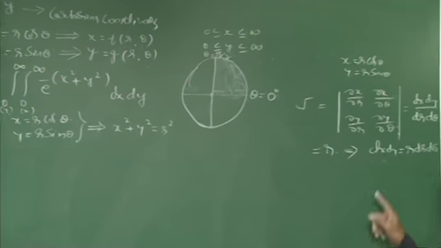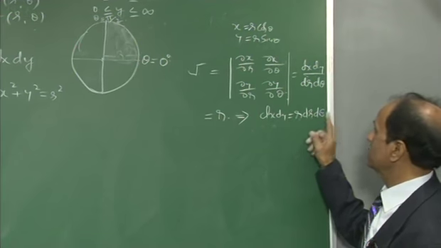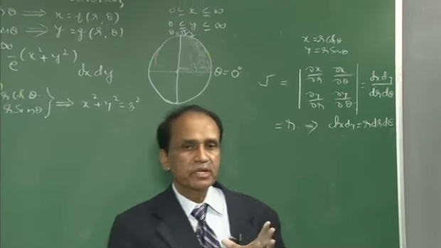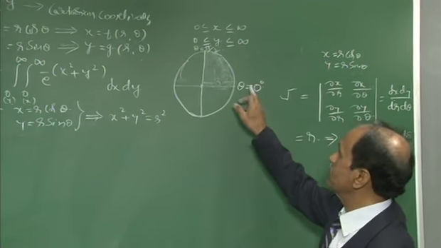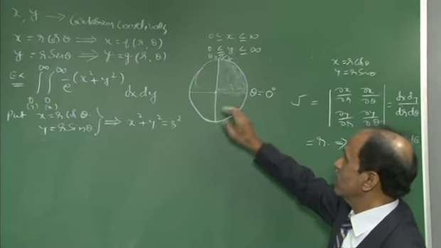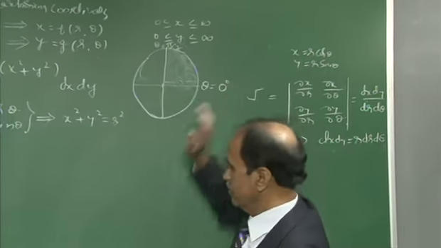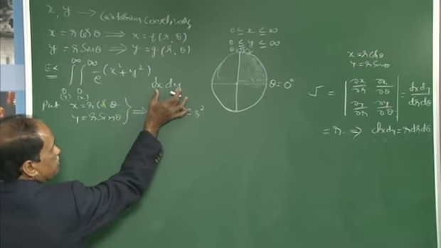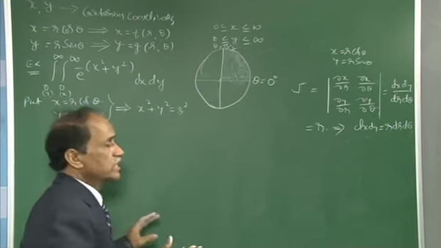Because you have to give variations for r and for theta, what is the lower limit and upper limit? Theta runs between 0 to pi by 2 and r runs between 0 to infinity. Therefore, the product dx dy should be replaced by r into dr d theta.